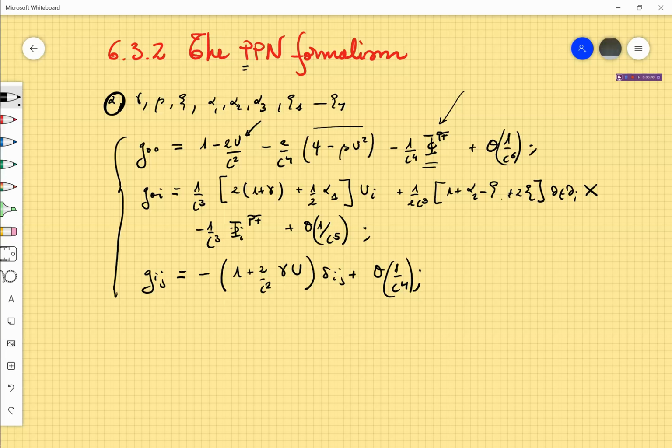In the original formulation by Eddington, the parameter alpha was here. Okay, and you see that we know that this is the Newtonian potential. Okay, and if this parameter doesn't have the right value, you don't recover the Newtonian limit. So theories which have alpha different from the value that gives you exactly this are just not good theories.